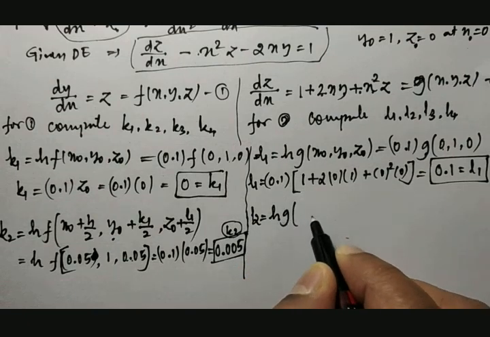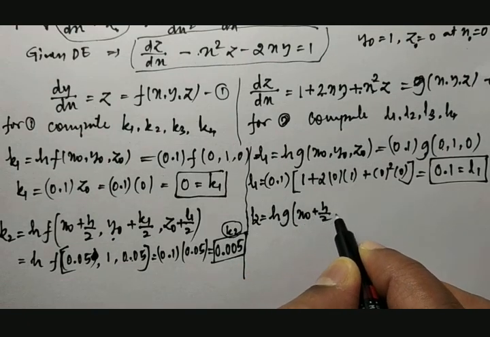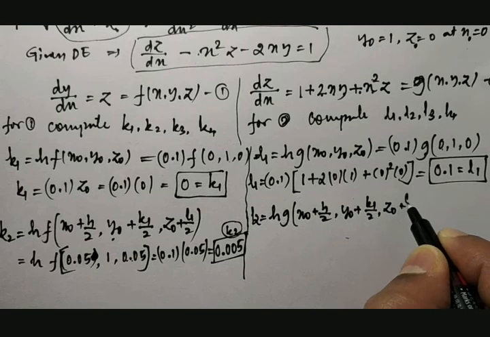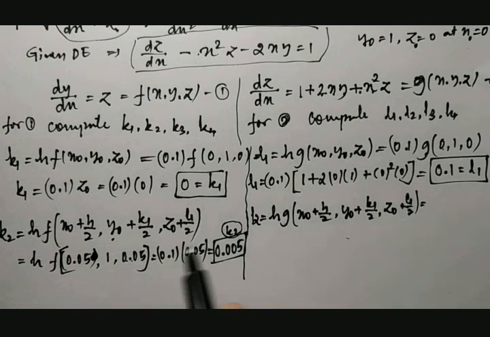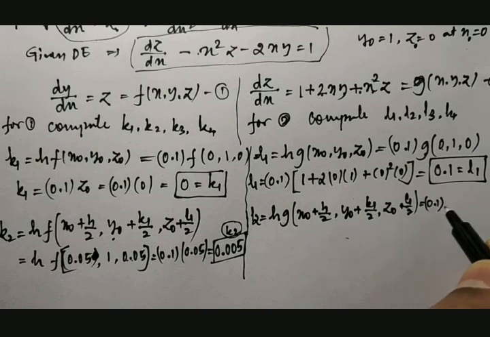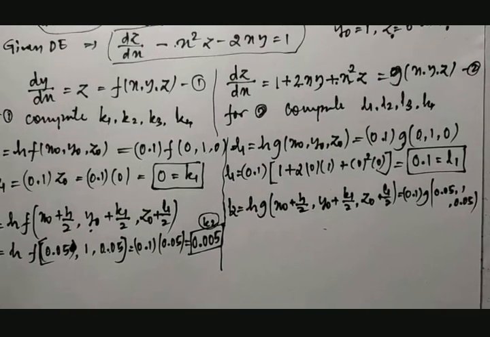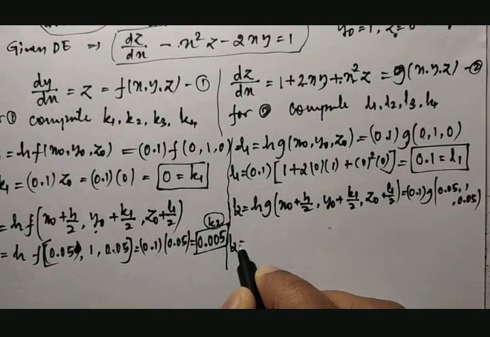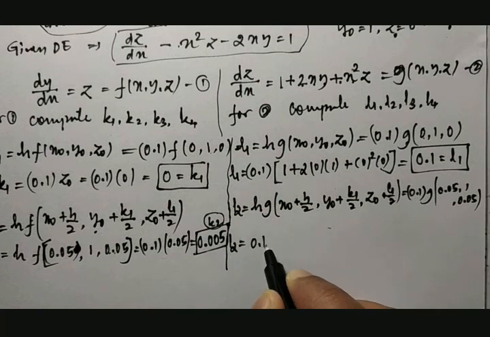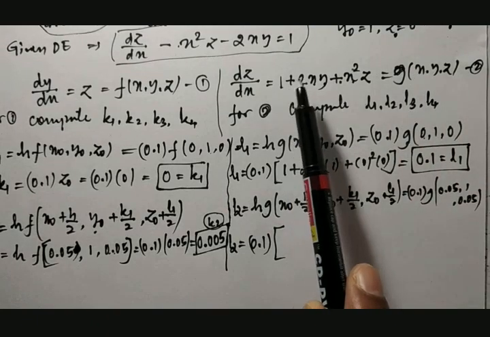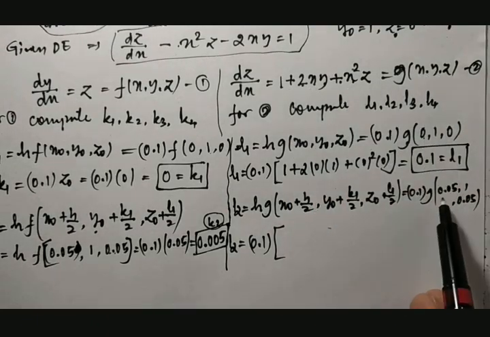Similarly, L2 will be H into G of x naught plus h by 2, y naught plus k1 by 2, z naught plus l1 by 2. But it remains same, as I told you. This is nothing but 0.1 into g of 0.05, 1, 0.05. Therefore L2 is equal to 0.1 into g function. G of xyz is 1 plus 2xy plus x square z. Here x is 0.05, y is 1, and z is 0.05.